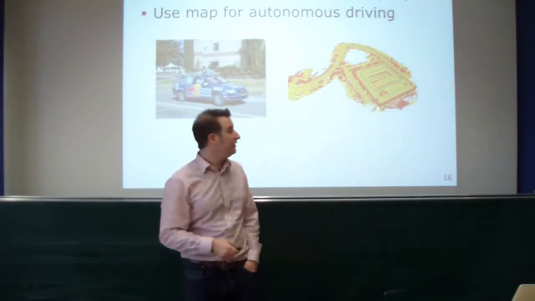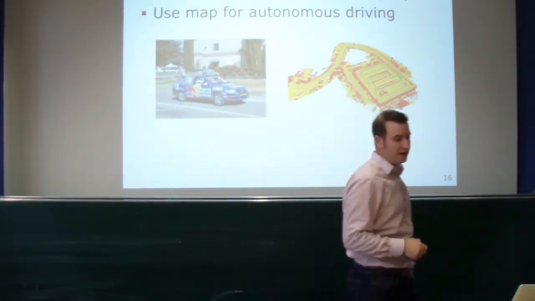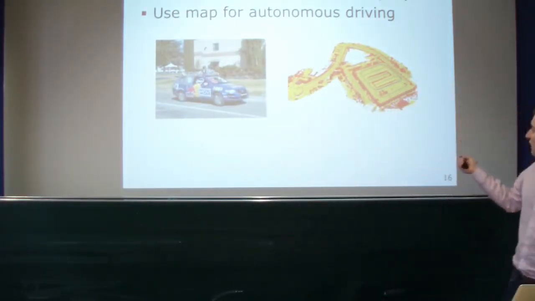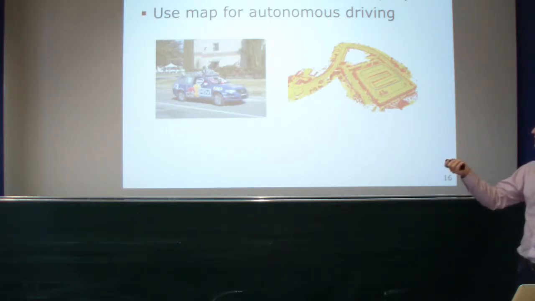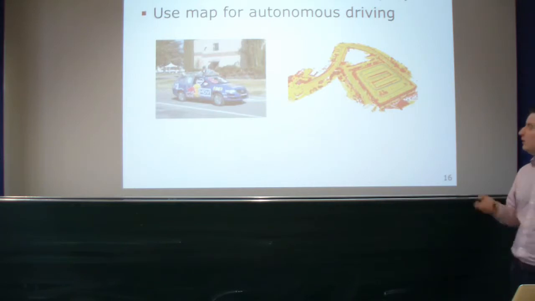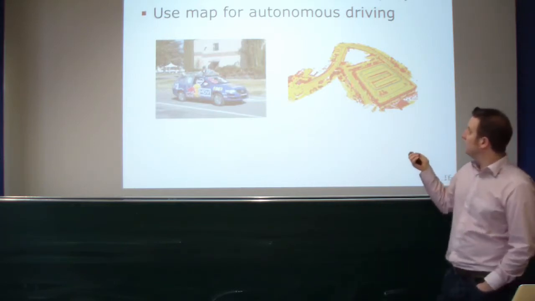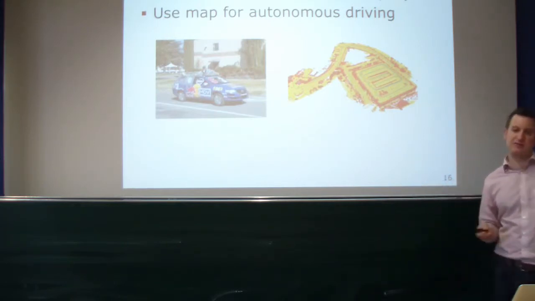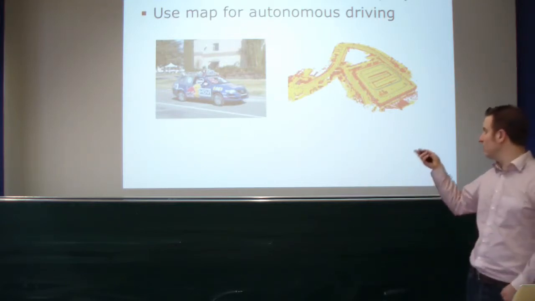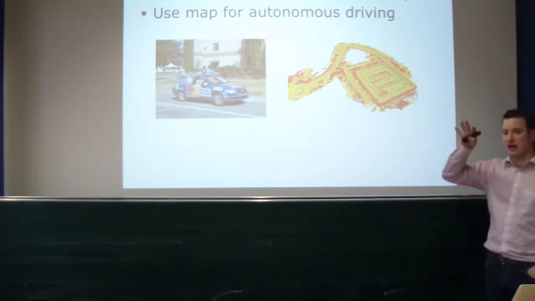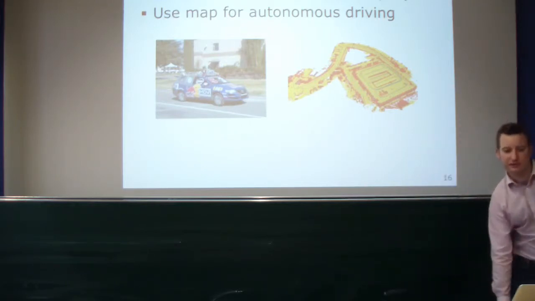Another example is done with this car. The car is driving around this parking lot using the 3D scanners and the navigation system. It also has an accurate IMU to build local 3D maps, quite similar to the approach which was used before, and then match them against each other and come up with a rather accurate model of the environment.